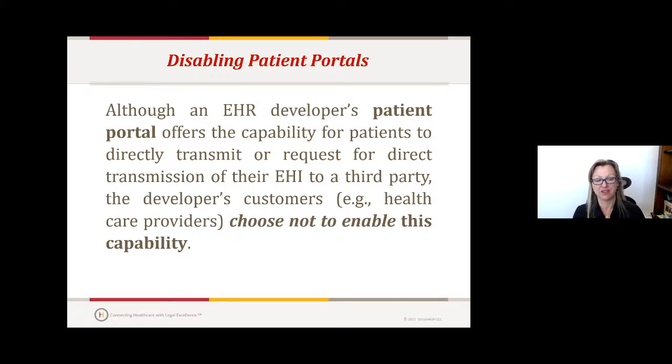But the most common reason cited for why certain features or patient portals are disabled is that the functionality currently does not support providing the patient portal in a way that allows you as an organization to comply with things like privacy rules. The most common category is the whole minor parent issue.